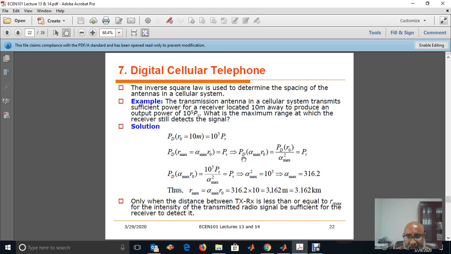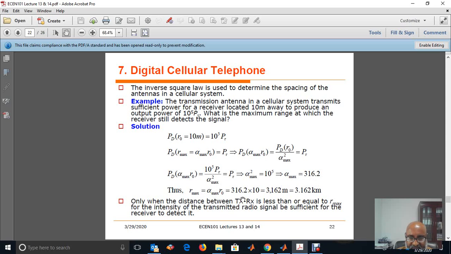So the received power at the maximum range, which is alpha max times R0, is the received power at the reference distance divided by alpha max square, which is P tau. So alpha max square is 10 to the power of 5, which means alpha max is 316.2.